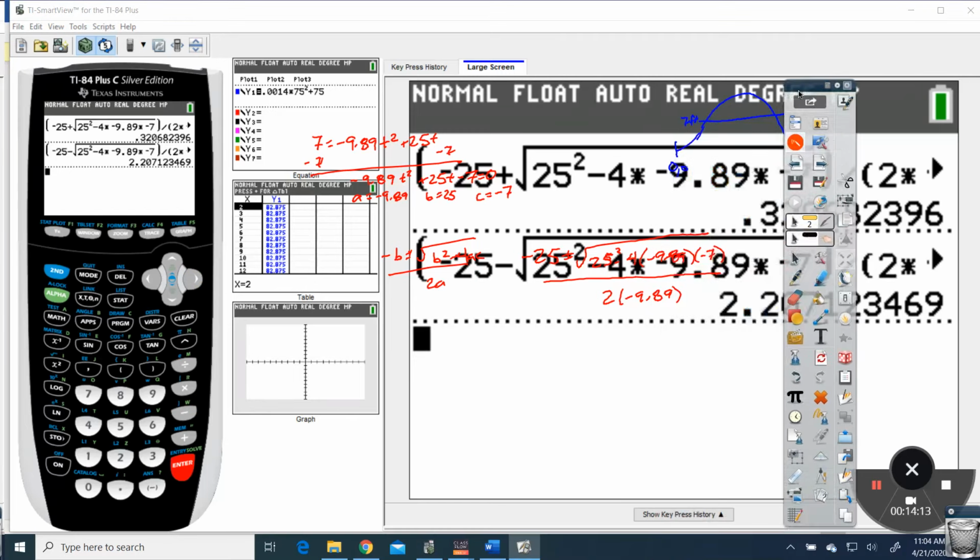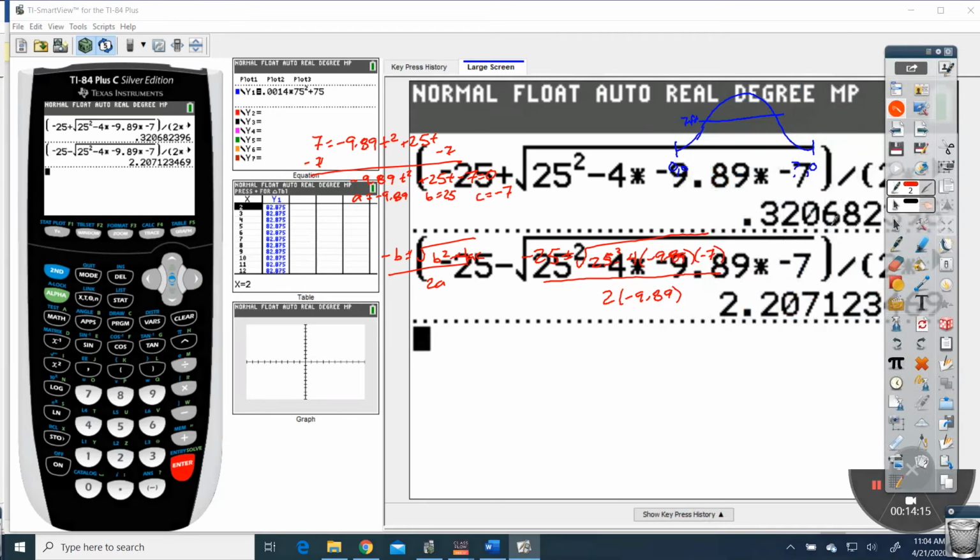So it crosses that 7-foot threshold at 0.32 seconds and at 2.2 seconds. So anywhere between those, so between that time and that time, it is above 7 feet. Nobody's going to catch it. So it's just this little bit of time here and here that somebody could catch it. So now, those are my answers.